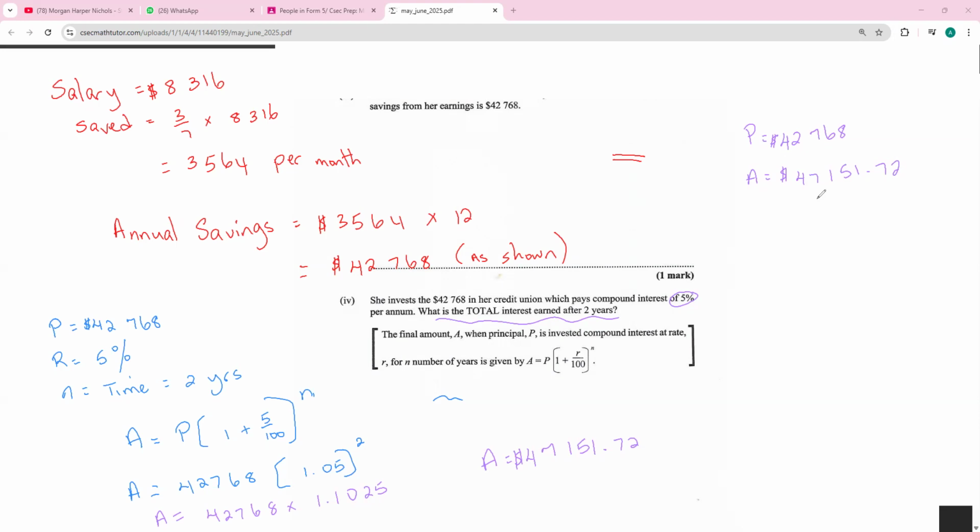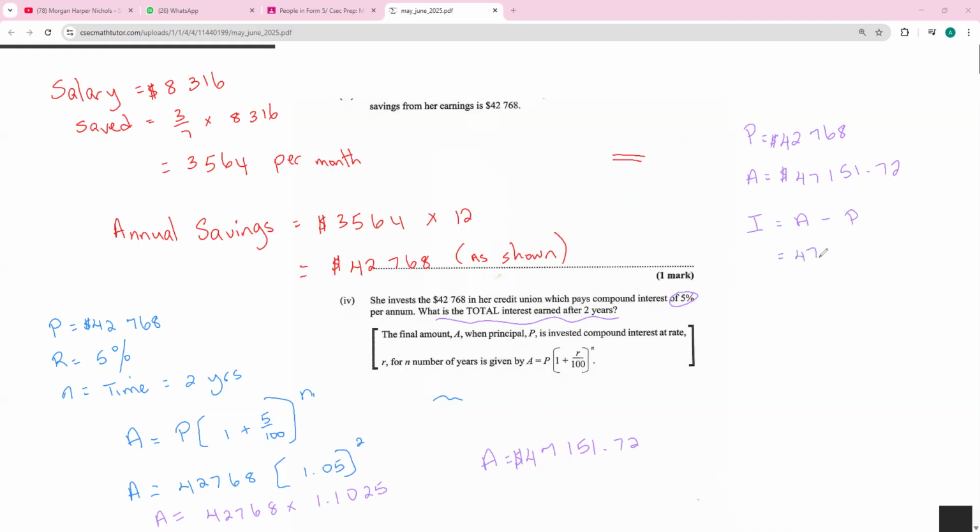Now, what they asked us was the total interest. So they want to know how much extra money or how much added money she would have received. So in order to find the interest, we're going to take the final amount and minus the principal.